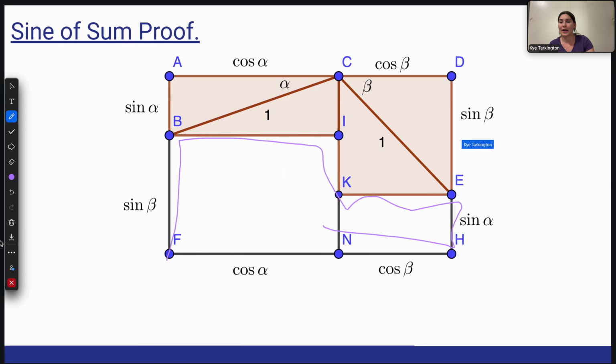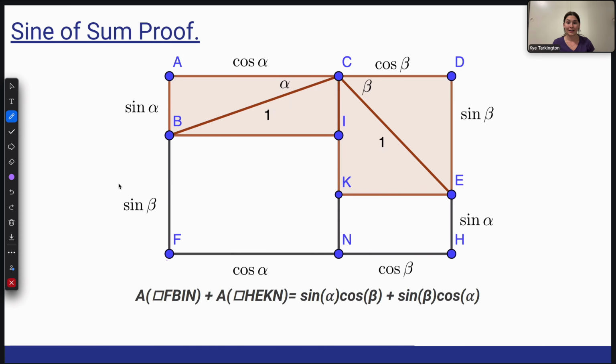FBIKEH by partitioning it into 2 rectangles. And obviously we can visually see what the dimensions of these rectangles are, so we can easily compute that the formula for this polygon is going to be sine of alpha cosine beta plus sine of beta cosine alpha.